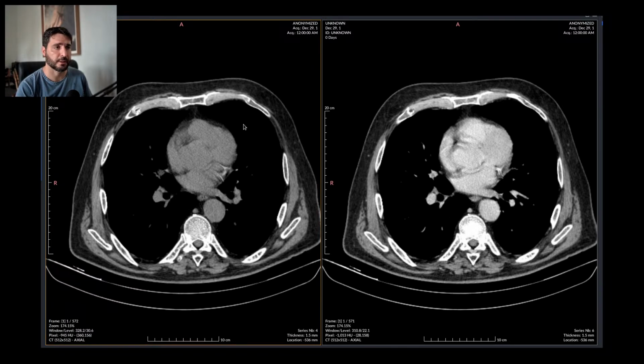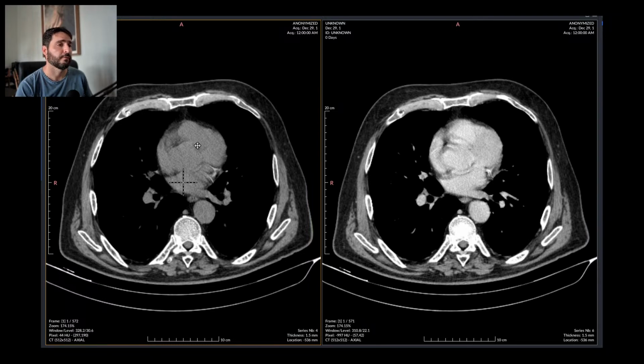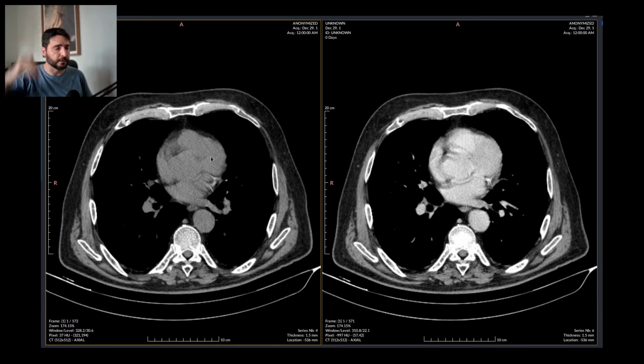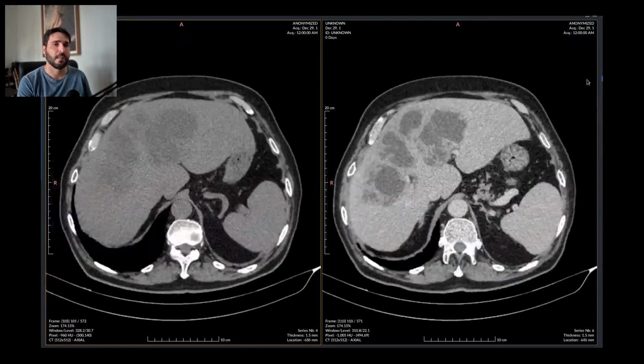This is a cross-section exam that we scan from top to bottom, from the head to the toes. The patient is lying down in a supine position with the belly pointing to the ceiling, and the scanner makes cross-sectional images from about the base of the lung to the floor of the pelvis. So we get this kind of images.